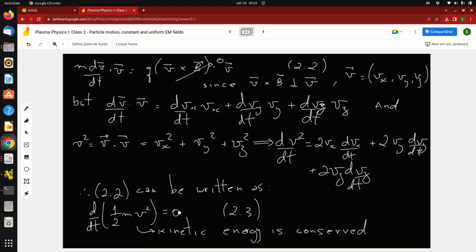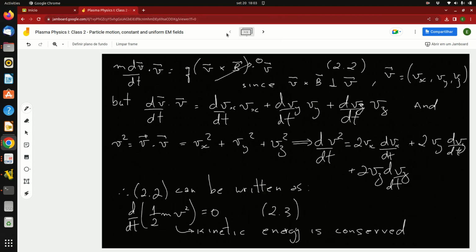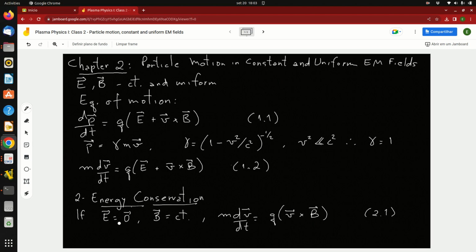Notice as well that B had to be constant in order to have a zero electric field, because if B is different from a constant, then from Faraday-Henry's law, the curl of E is equal to minus dB/dt, right?